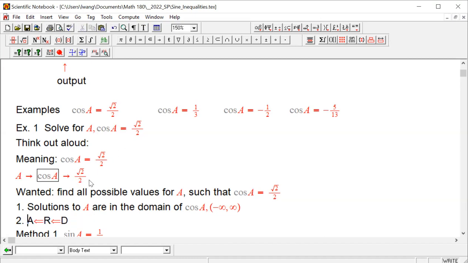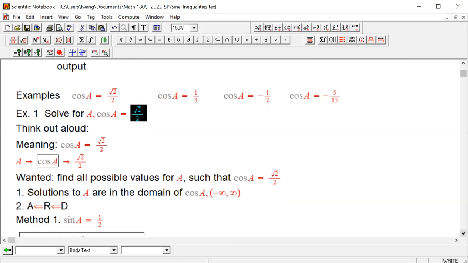From D to A, we know the definition. The definition gave us what? √2/2. And once again, we still have the three methods. But here, because of the special properties of cosine, and we're solving cosine equals to a known output, the equation is different.